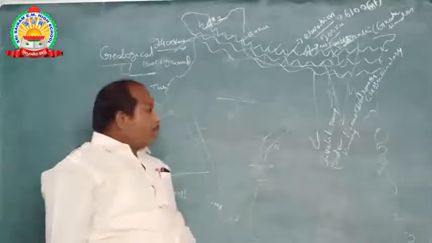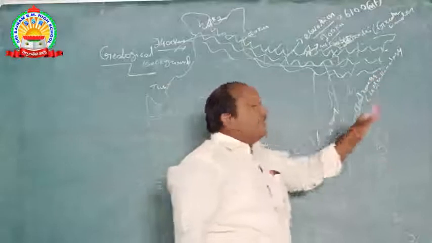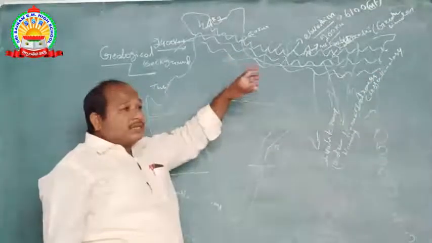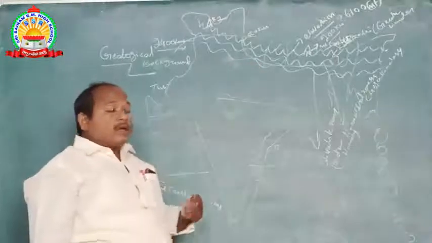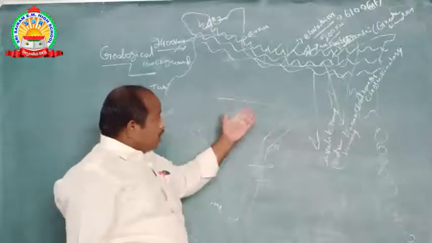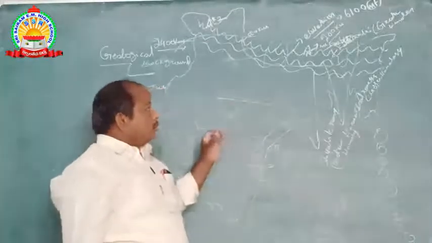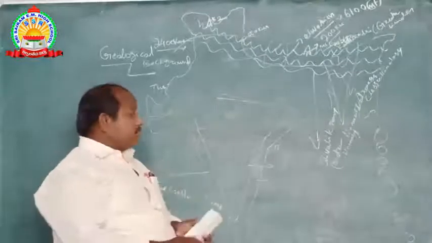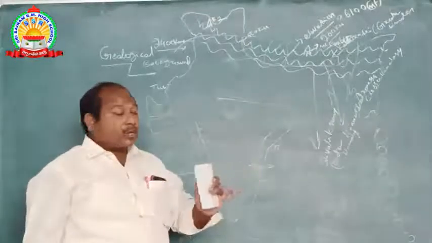Already I told you, Himachal ranges are known as Lesser Himalayas. These consist of rugged topography. There is no flat topography. There are ranges like Pir Panjal range and Mahabharat range.